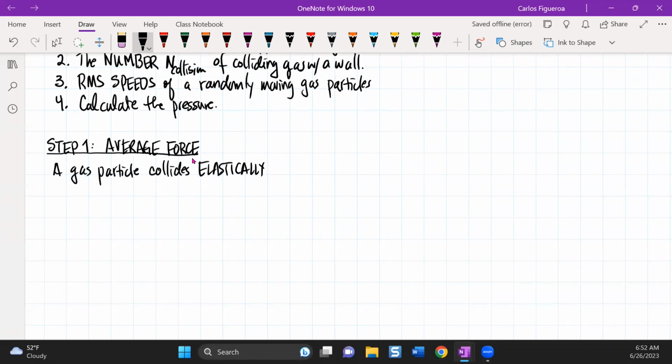The velocity changes. So as a gas particle collides elastically with a wall, the speed stays fixed.